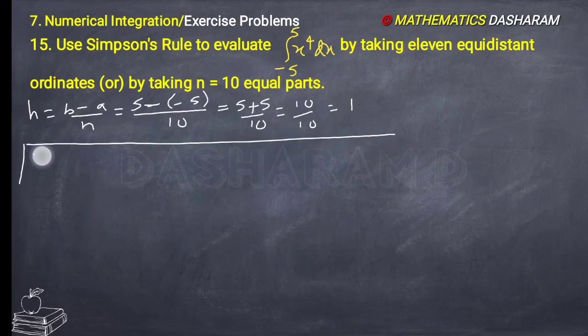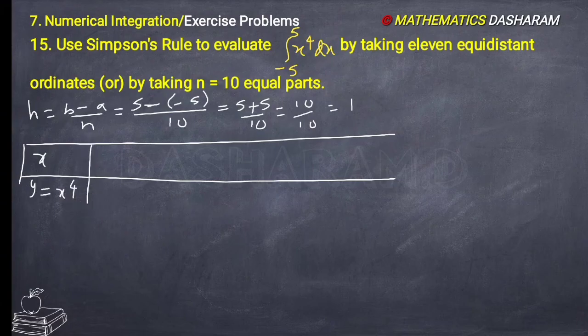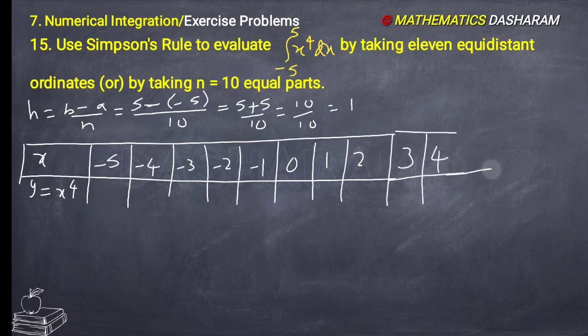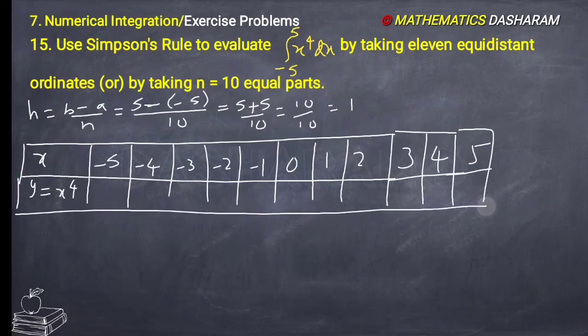Now let's draw a table of x and y equals the given function, that is x to the power of 4. First x value is minus 5, next increase by 1. So minus 4, minus 3, minus 2, minus 1, 0, 1, 2, 3, 4, 5.